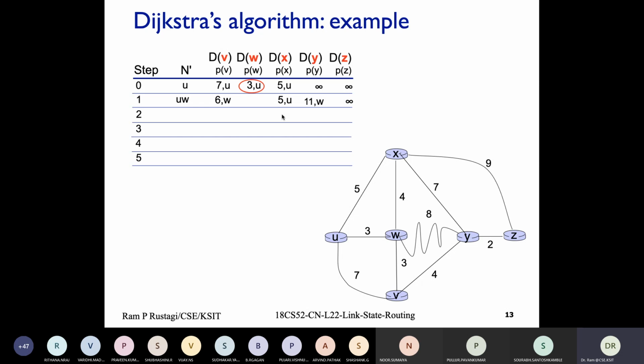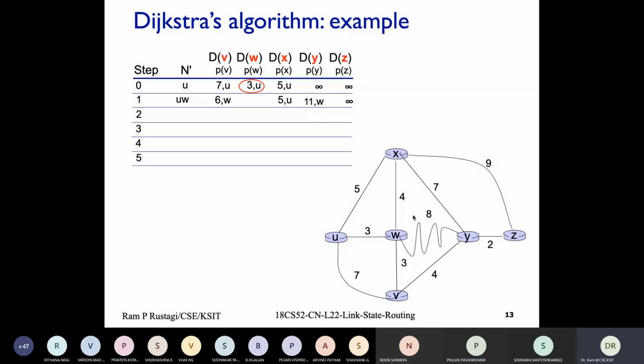I know my DX is already 5, so I don't need to change, and I'm reaching via U directly. In the first line, DV was 7, DW 3, DX 5, going via U directly. Now when I come to V, my DV was 7. But if I come via W, DW is 3 and the cost is 3, so the cost becomes 6. I update it to 6, comma W, and say, to V I can go via W.